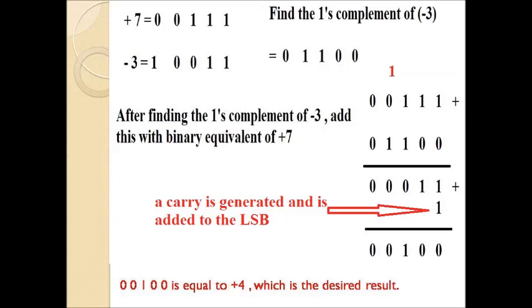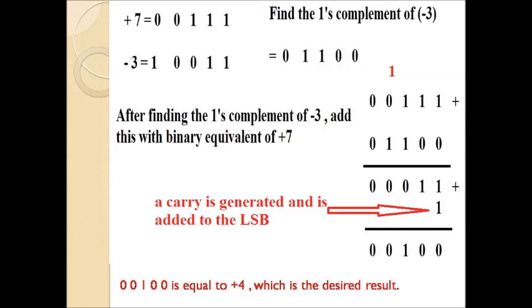So 1 plus 0 is 1, and again 1 plus 0 is 1, and 1 plus 1 is 1 0. So I write 0 there, with the carry on top of that 0, which you can see in red. When you add 1 plus 1, again it is 0, and please note an important thing here: an extra carry is generated. A carry is generated, but we are not adding that to the sign bit.